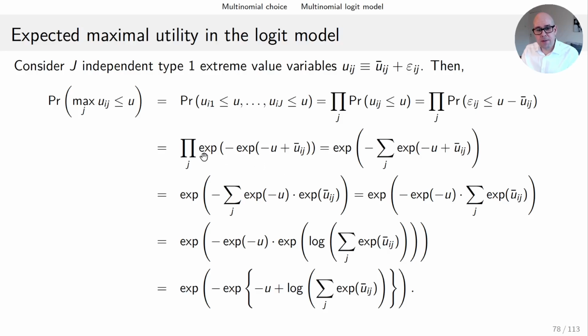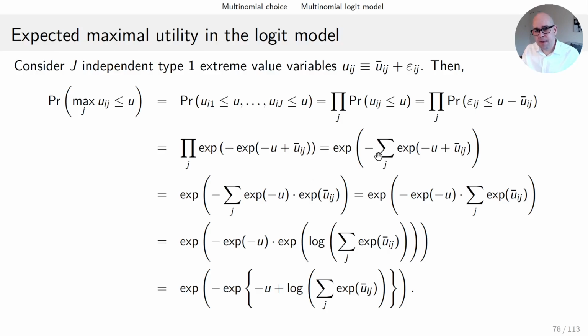Since this is the exponential function that I'm taking the product over, I can use one of these rules of exponentiation, and I can write this as the exponential function evaluated at the sum of stuff. So it's simply the sum of these arguments that I'm going to have. Here you see minus u plus u bar, minus u plus u bar, and I'm simply getting the sum, and the minus sign is this minus sign here.